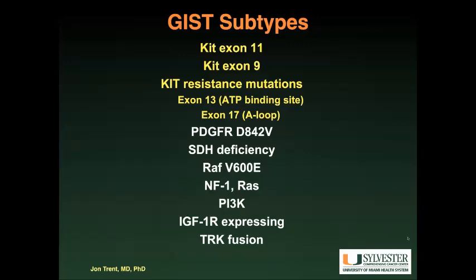We know that KIT mutated GIST is the most common type of GIST, usually exon 11 or exon 9. But we also know that when tumors become resistant to tyrosine kinase inhibitors, such as imatinib, sunitinib, and regorafenib, they can acquire new mutations. Largely, resistance mutations occur in exon 13 or 17.